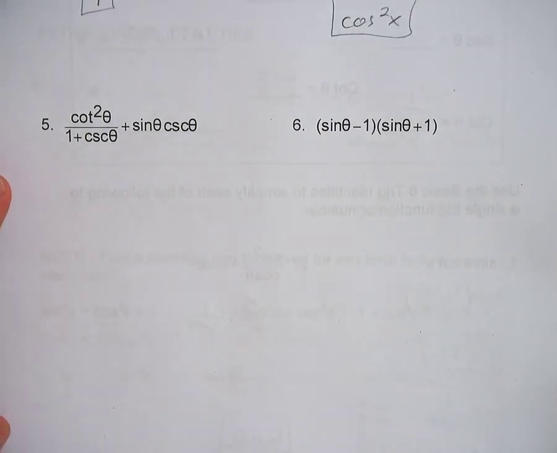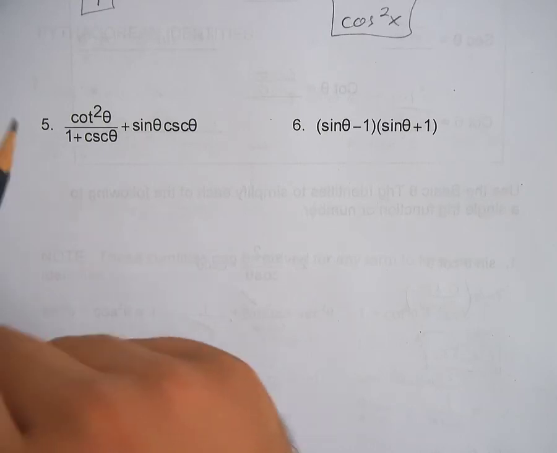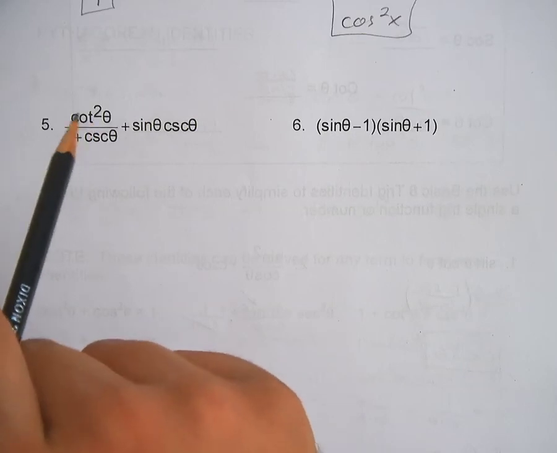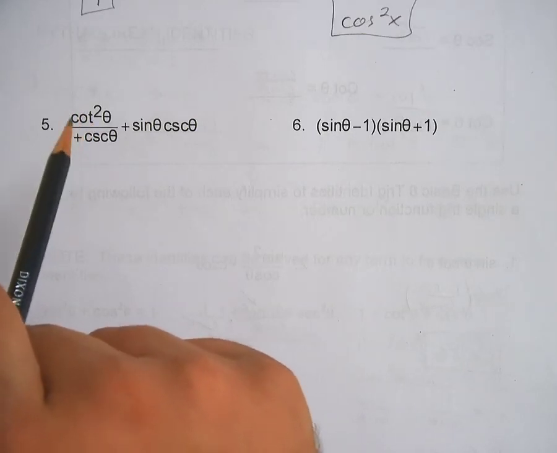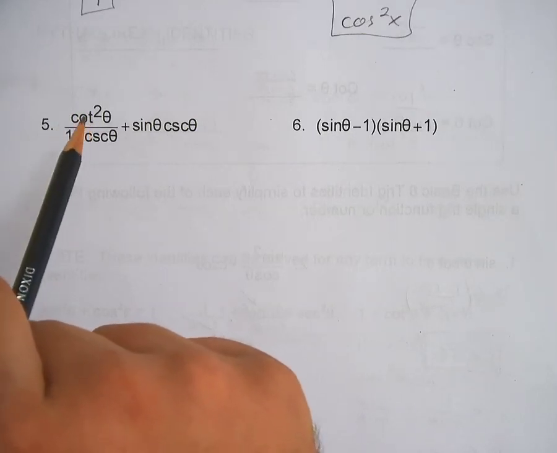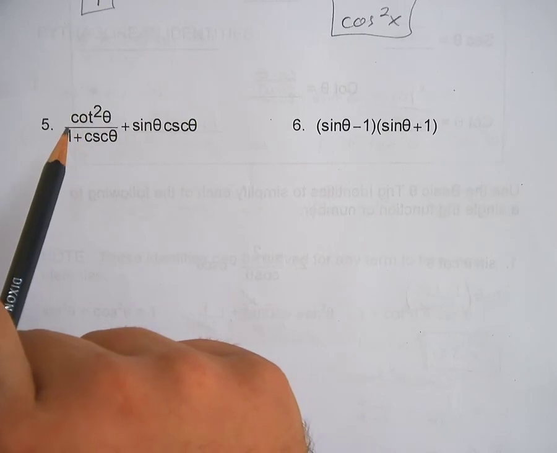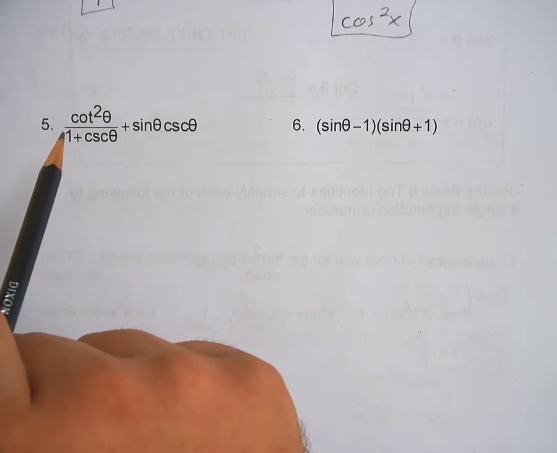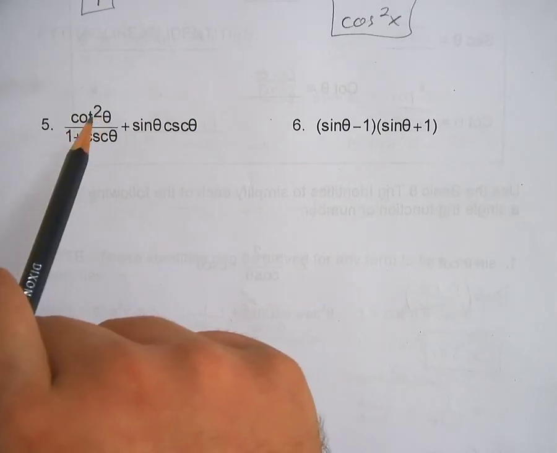Okay, now this one's actually a little bit interesting. You've got cotangent squared theta over 1 plus cosecant theta plus sine theta cosecant theta. The last thing I want to do is convert this to cosine over sine. I will if I have to, but if I don't have to, I don't want to. Okay, cotangent squared theta.